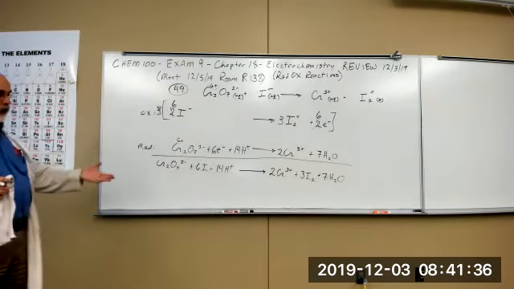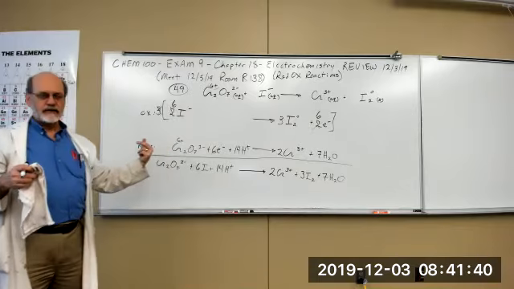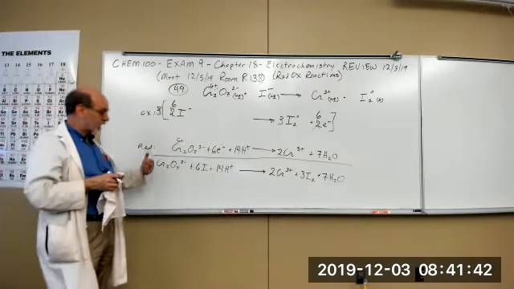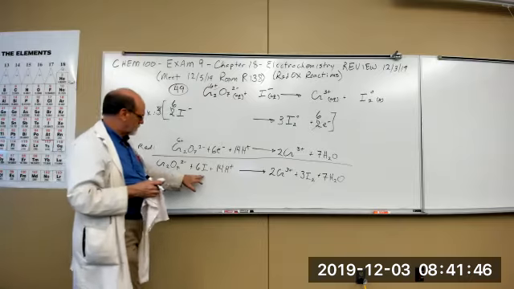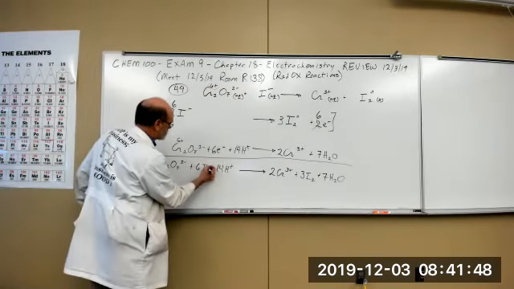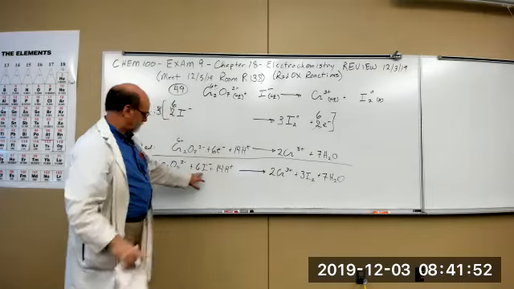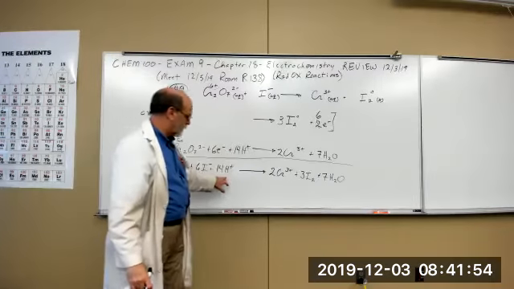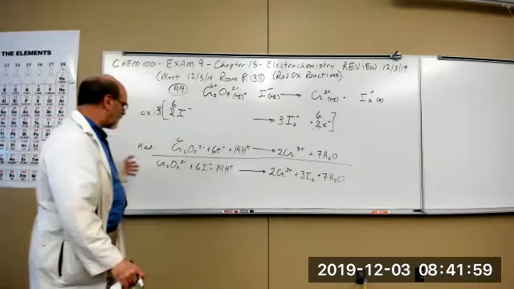Now, then you look for anything that occurs on both sides that you can cancel out. This is only on one side. That's only on this side, that side, that side. So that's everything. It's balanced the way it is now.